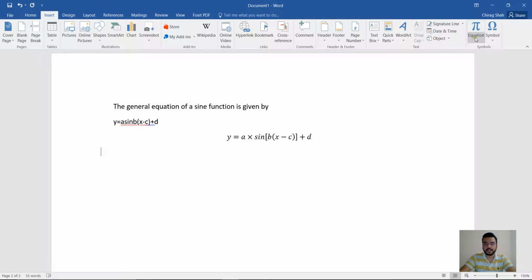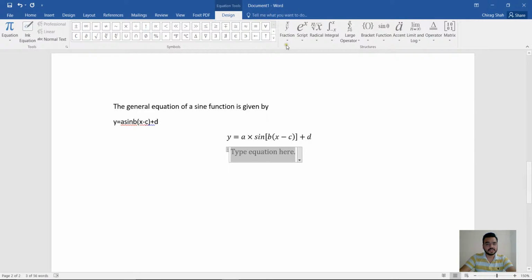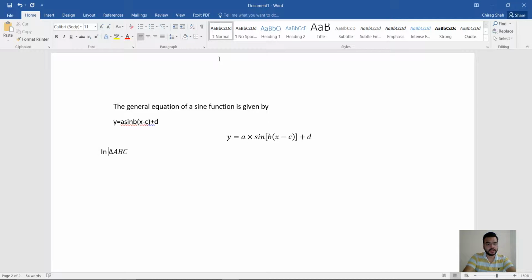So after having said this, let's go ahead and see, if you want to add any of the geometry symbols, like triangle ABC. So you can just show triangle ABC. Let's say in triangle ABC, I am just making a hypothetical statement saying that angle B is 90°.